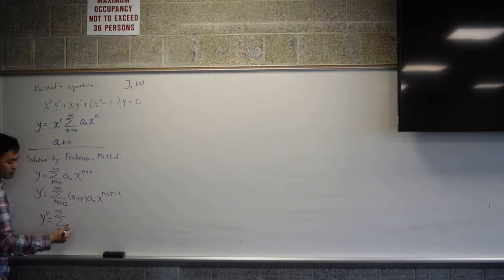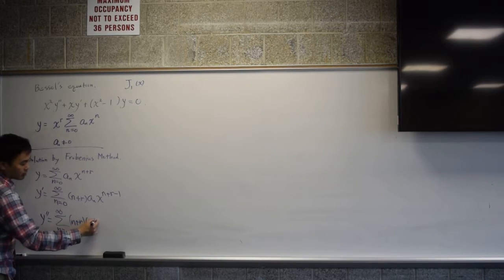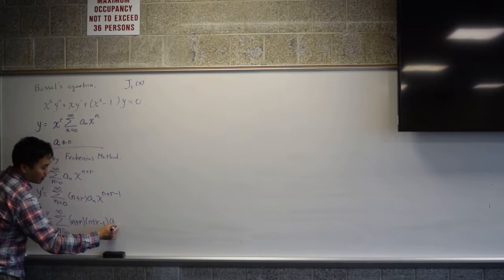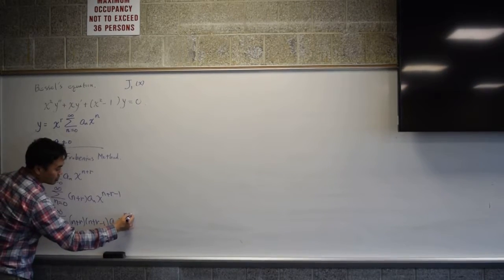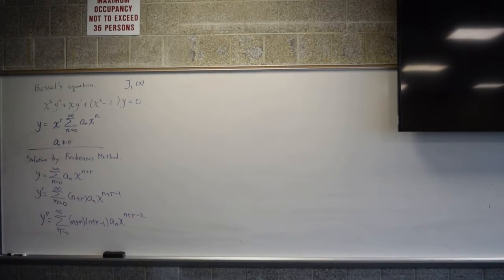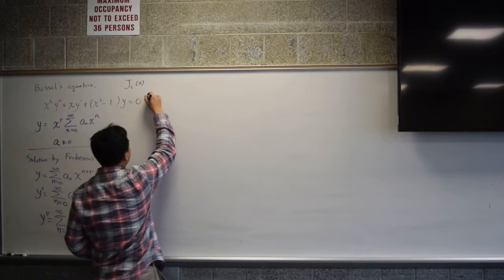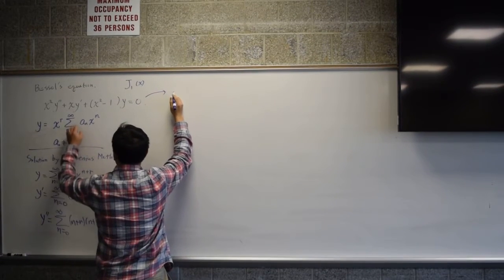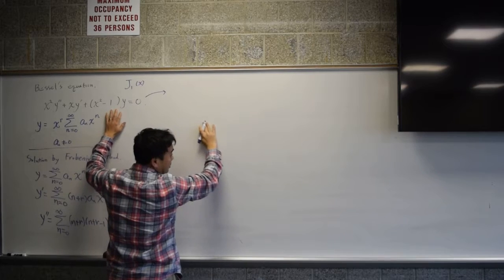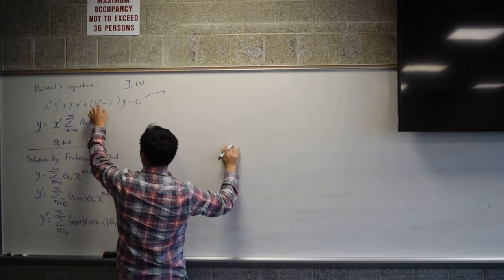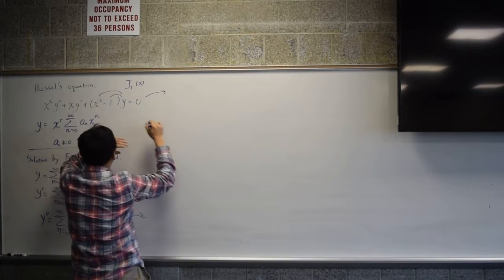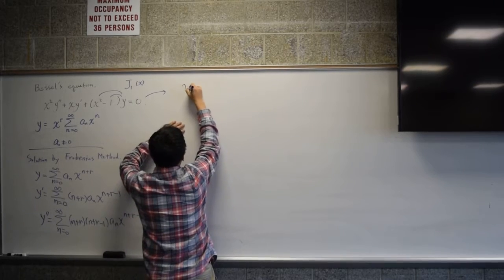This will come down, and you have n plus r minus 1, an x to the n plus r minus 2. And now we plug everything in here. And I mentioned before that when you try to solve by these power series types, you want to multiply things out before you plug things in.